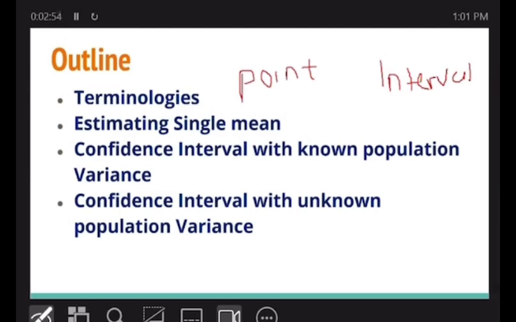That is why we're going to construct confidence intervals when the population variance is known, and when it is unknown. When the population variance is known, the idea of a z-score will be used. When the population variance is unknown, the idea of a t will be used.